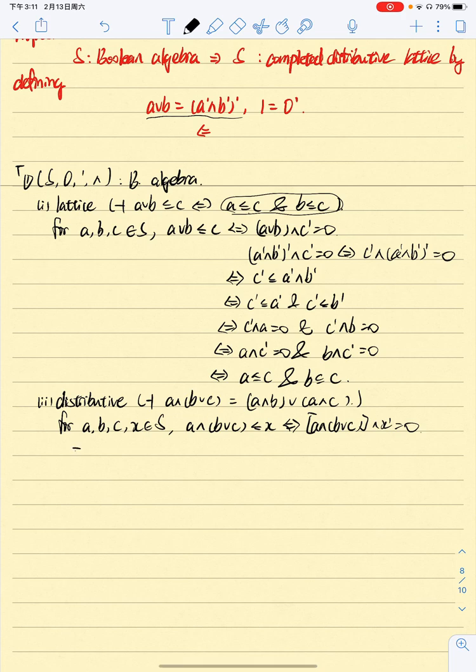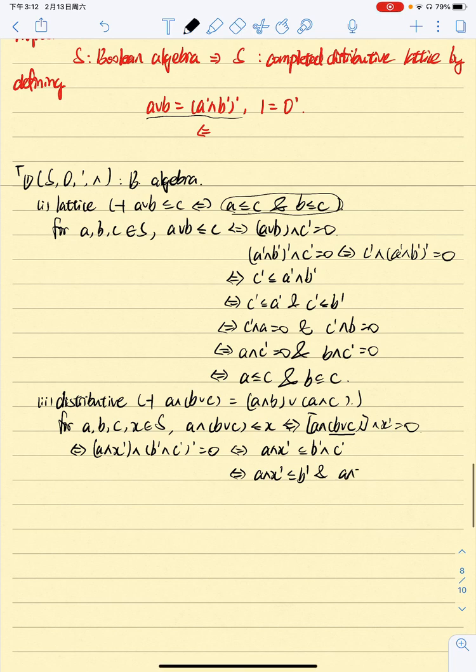So this means A and X prime, and here B or C we change it as B prime and C prime is 0. So we can get A and X prime smaller than B prime and C prime. That means A and X prime smaller than B prime and A and X prime smaller than C prime.